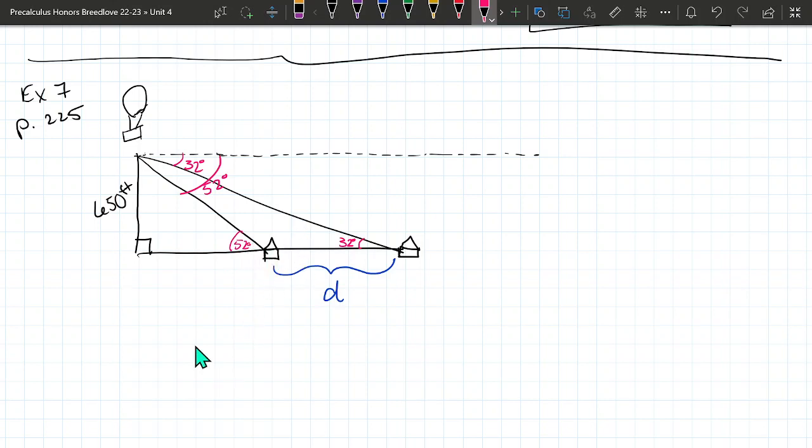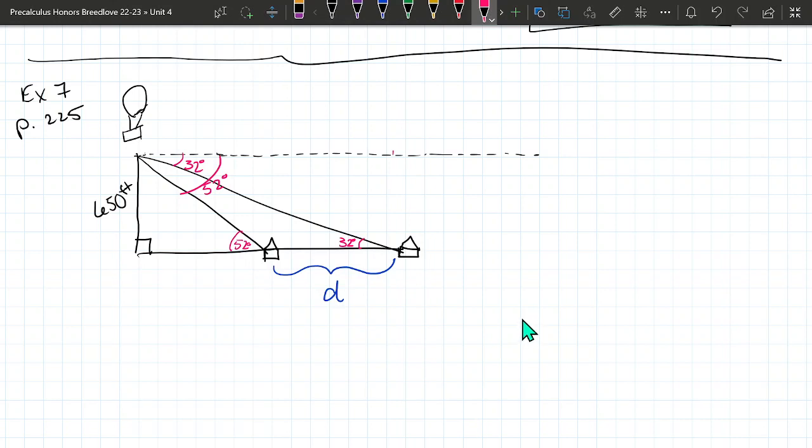If you didn't want to move the angles and you wanted to move the triangle, you could just take this vertical distance and move it over here, because that would have been the same, and made this 650 and have an upside down triangle. That would work too. I'm not going to confuse my diagram by showing it two ways. I'm just going to stick with this method.